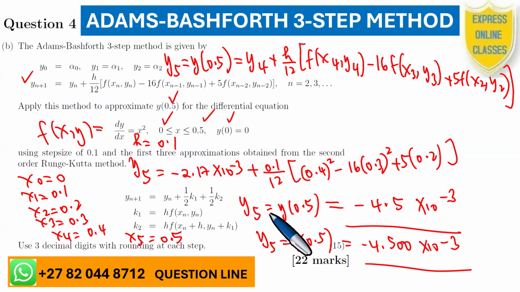That is used in conjunction with the second order Runge-Kutta method, which is y sub n plus 1 equals y sub n plus half k1 plus half k2. K1 is h f of xn, yn, and k sub 2 is h f of x sub n plus h, comma y sub n plus k1. So this is exactly what we have got there.